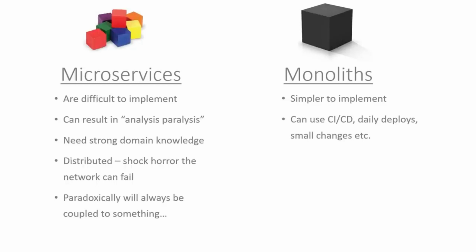But you can absolutely do that with a monolithic system, assuming that you build it in the right way to begin with. One of the advantages of microservices is that you can use an agile approach to deliver them, and that's absolutely true, but it's also true of monoliths. Just because it's a monolith doesn't mean you cannot deploy changes daily. You absolutely can, but you have to make some considerations and build that application in a particular way. It is still absolutely possible.